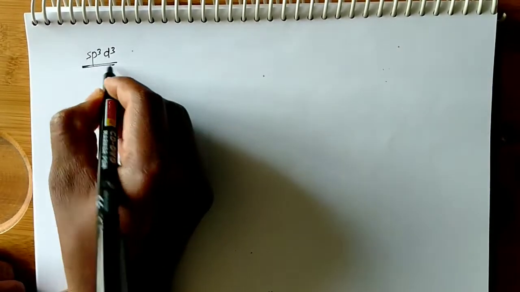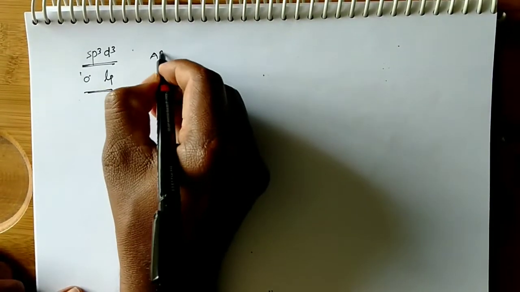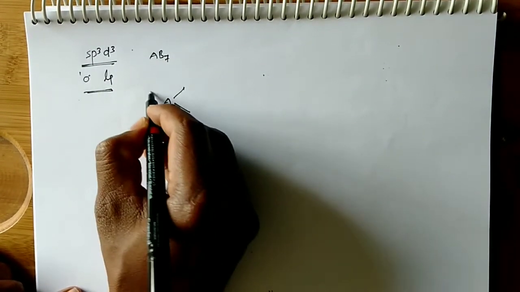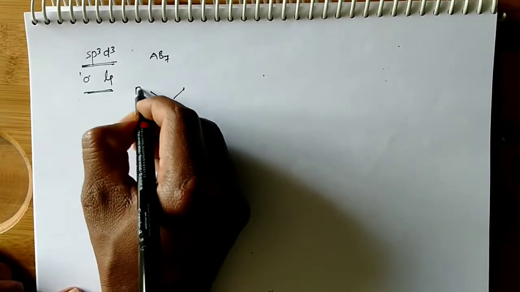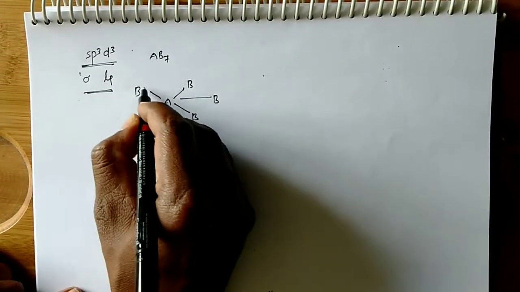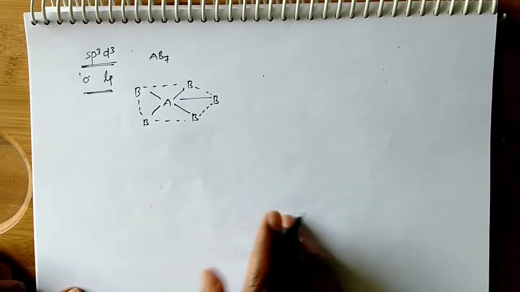What about sp3d3? sp3d3 with zero lone pairs. It is AB7 type. So A is the central atom, B. This is the pentagonal ring, pentagonal five-membered.